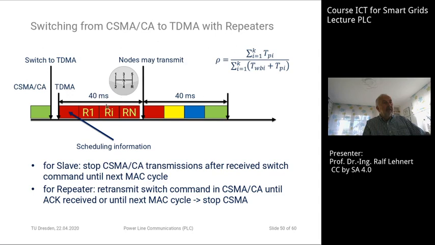And he studied also the switchback with the repeaters. The basic principle is, of course, you cannot run a network where in part of the network you are using the MAC protocol CSMA and the other part you are using TDMA. So in case of switching to one of the access technologies, you have to switch the entire network.